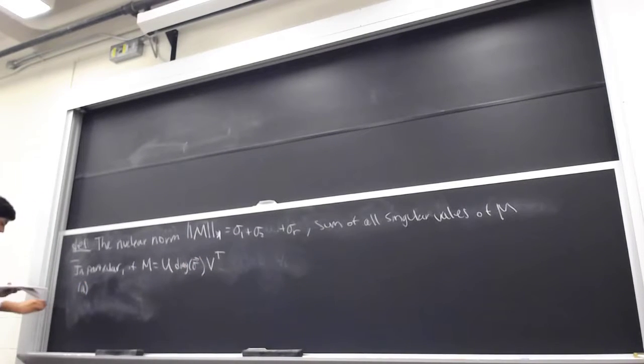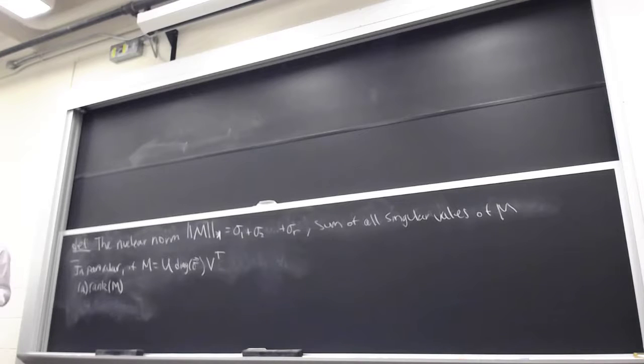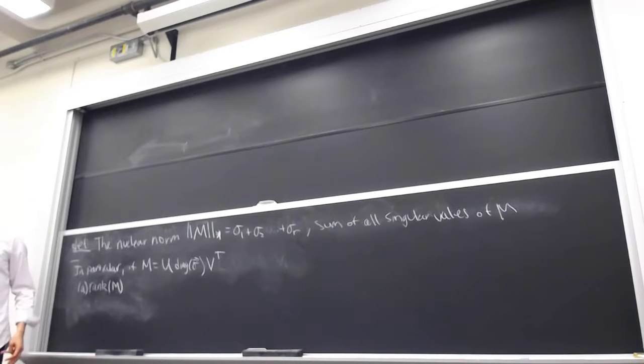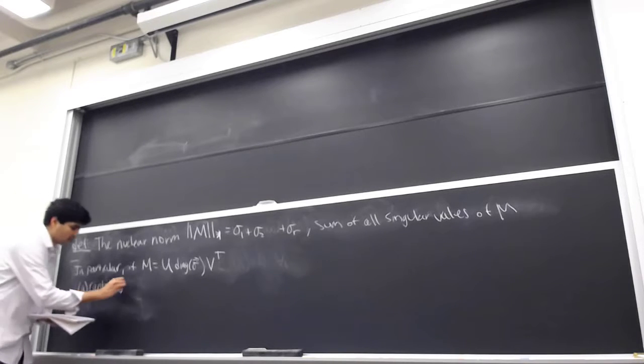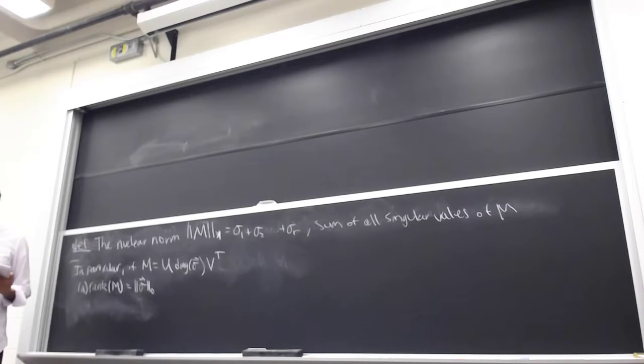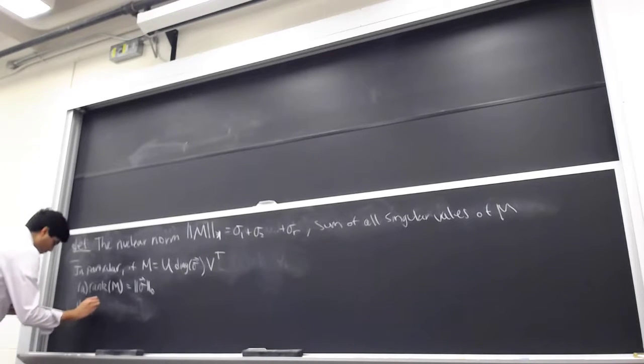Well, how can we express the rank of M in terms of this vector sigma? It's just the L0. Exactly. It's just the L0, because it's the number of non-zeros. That's the rank. And what about the nuclear norm?